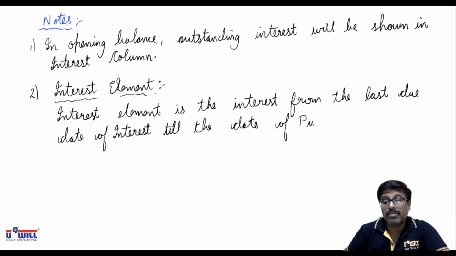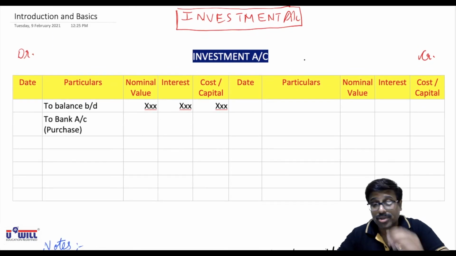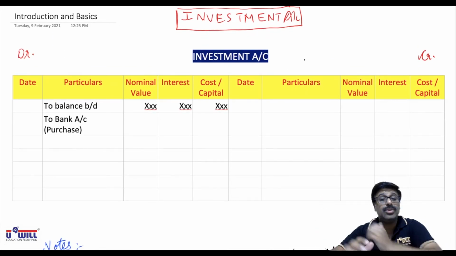Till the date of purchase or sale means generally the interest becomes due on securities on fixed days during the year.